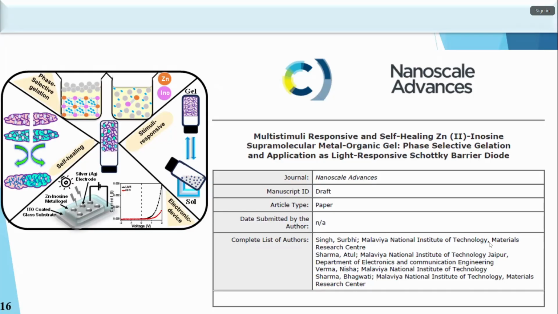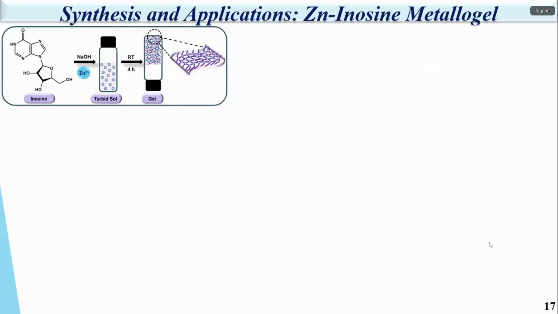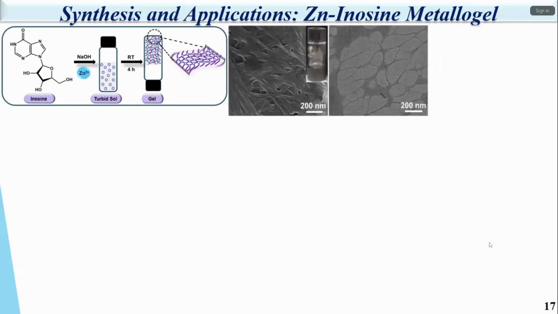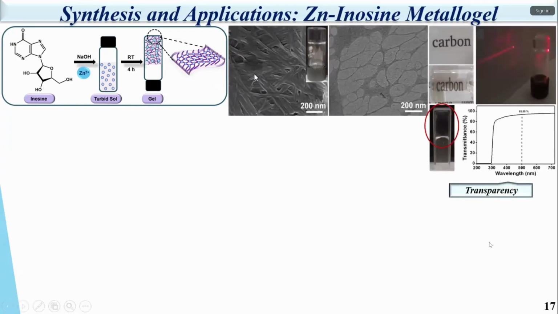So basically, here we synthesized an inosine, a nucleotide, and zinc-based metal gel at room temperature, and it shows a standing metal gel with a fibrous morphology. And this gel is transparent in nature, showing 93.55% transparency, which can be used in soft electronic devices. So this is a good thing.